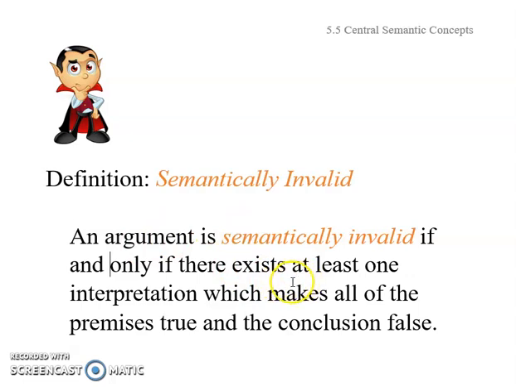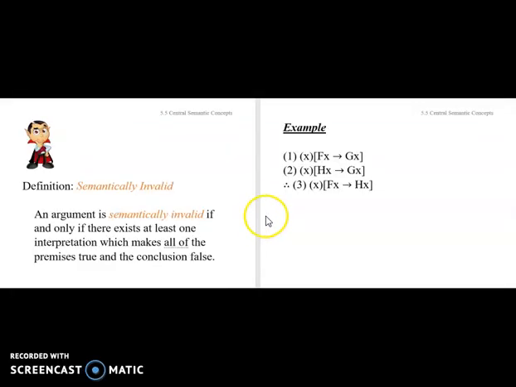So let's take a look at some examples and see if you can get yourself to prove that arguments are semantically invalid. So here's an example of an argument. Now, what's going to happen in situations like this, since you cannot prove semantic validity, is that your professor is going to give you, like I have here, an argument which, as a matter of fact, is invalid.